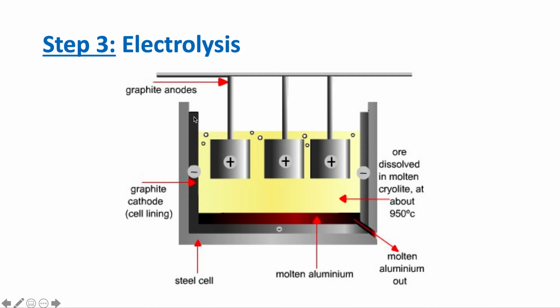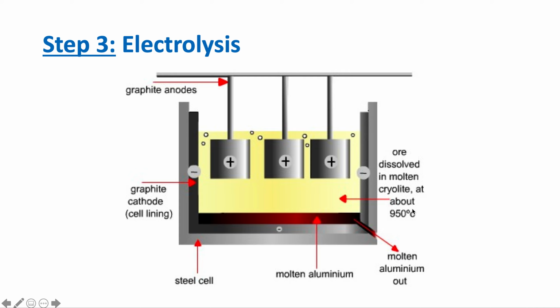So what lines the cell is graphite, and that forms your cathode. We can see here that your bauxite ore is dissolved in molten cryolite, as we said, to lower the working temperature, right, to about 950 degrees Celsius.